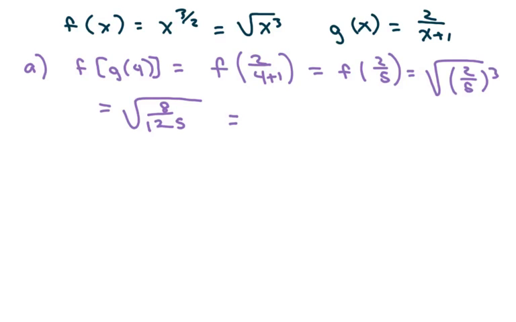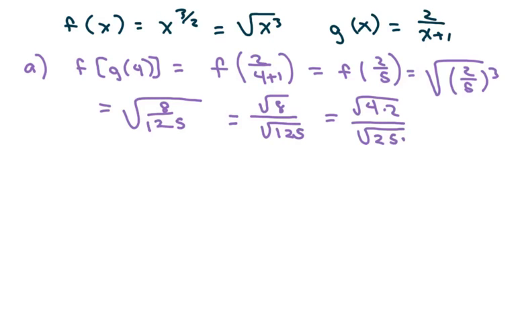I'm going to break this up: the square root of 8 over the square root of 125. I can write this as square root of 4 times 2 over the square root of 25 times 5, which basically gives us 2 square root of 2 over 5 square root of 5.